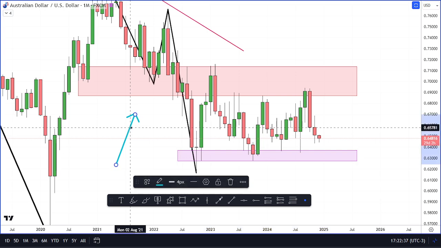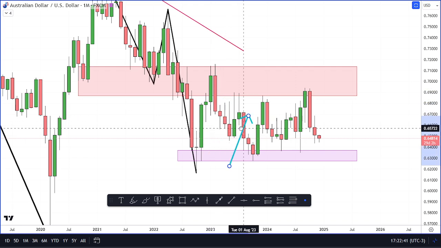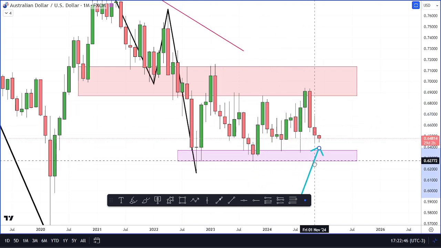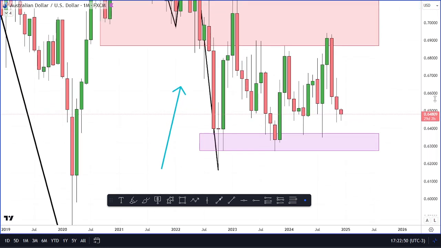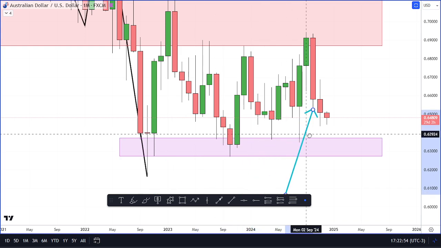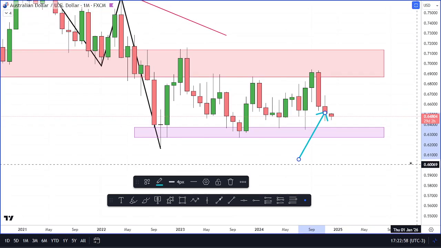So the market started moving sideways. We have support, resistance, support, resistance, support, resistance, and now the market is heading towards the support level. Last month we have this bearish candle. So the short-term trend is down.